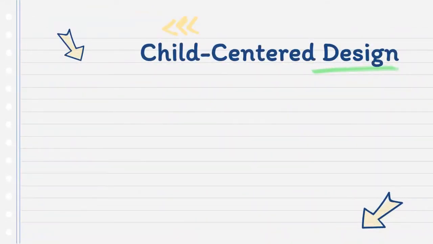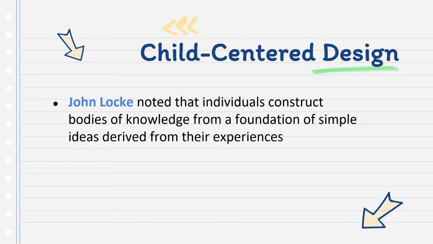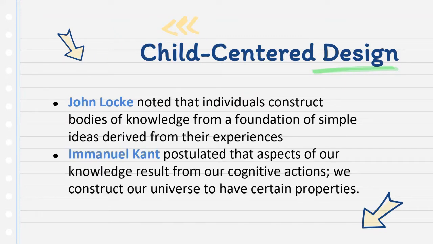The child-centered design has the following proponents. Number one is John Locke, who noted that individuals construct bodies of knowledge from a foundation of simple ideas derived from their experiences. Number two is Immanuel Kant. He postulated that aspects of our knowledge result from cognitive actions. We construct our universe to have certain properties.